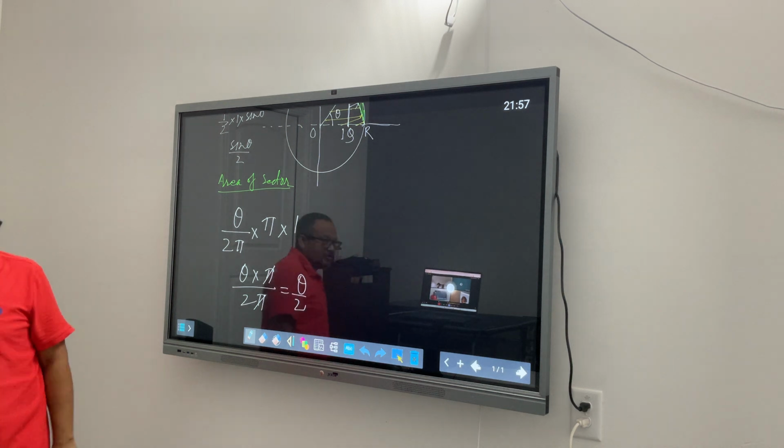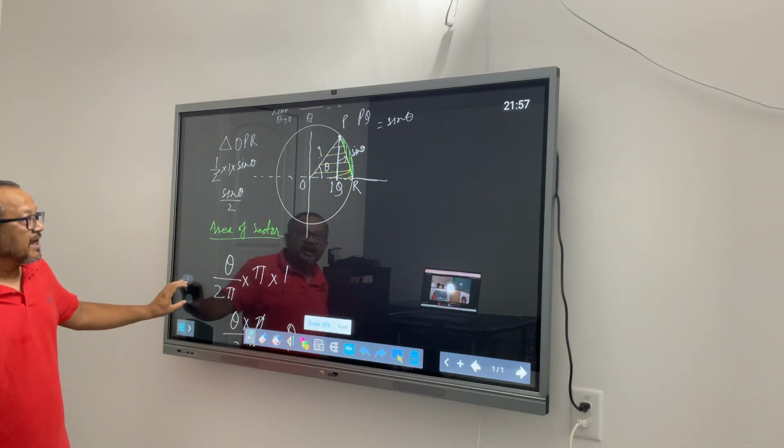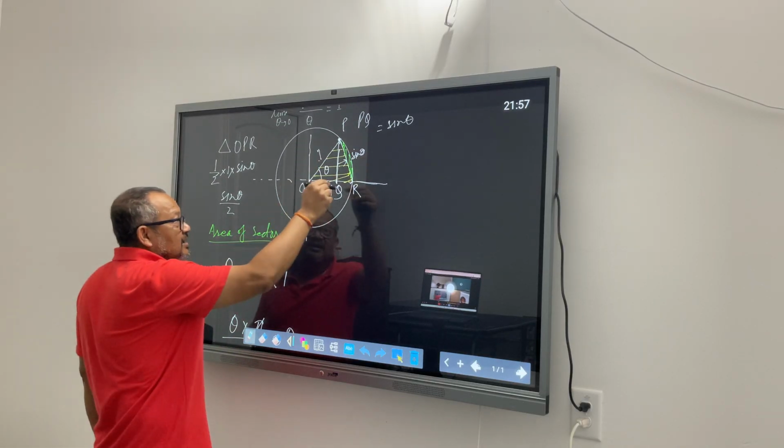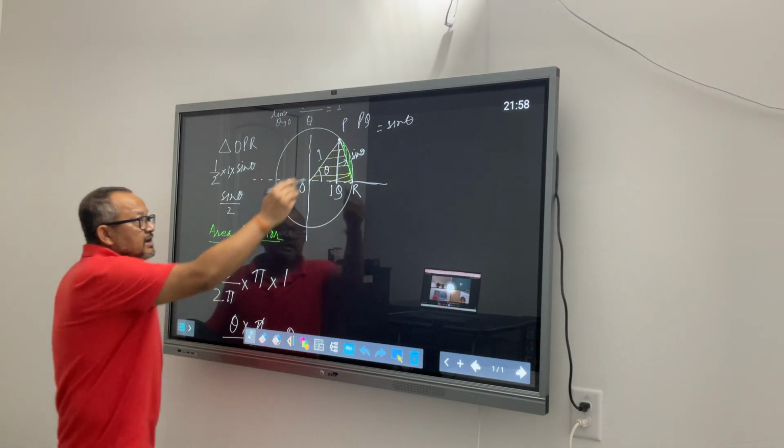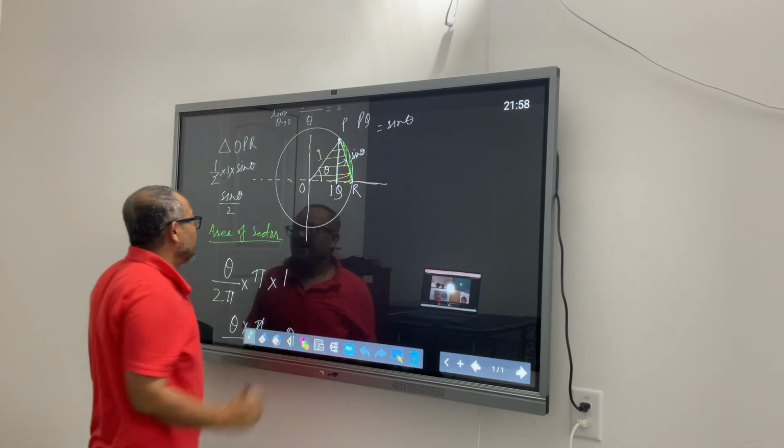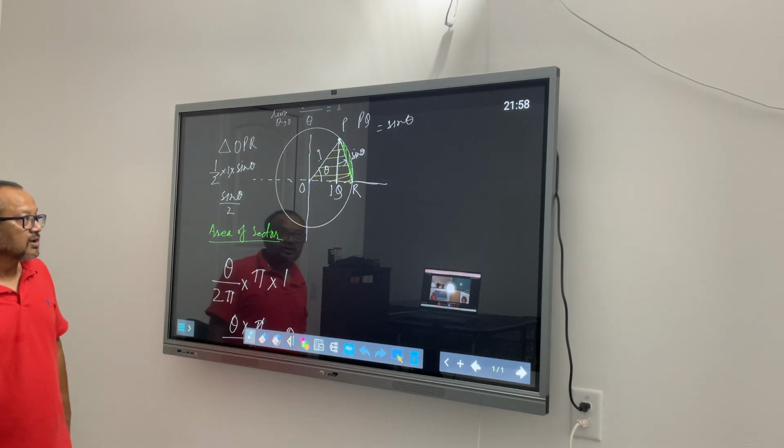Yeah? Okay. So we found the area of this triangle as sin theta over 2, and the area of this sector as theta over 2.